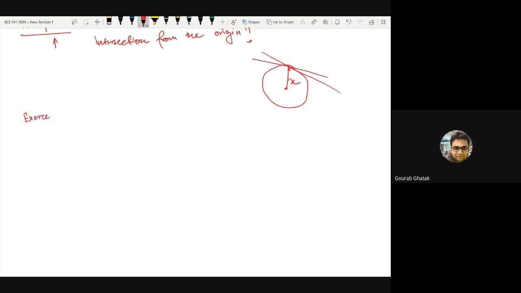Try this. Given there are 3 lines in a ball of radius r centered around 0, what is the probability that no intersections exist?